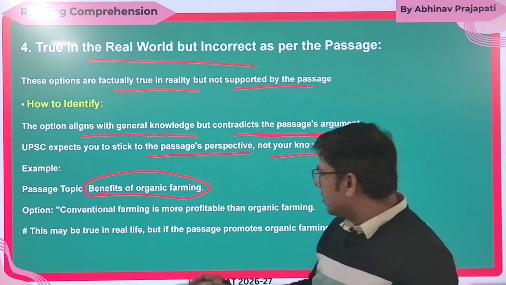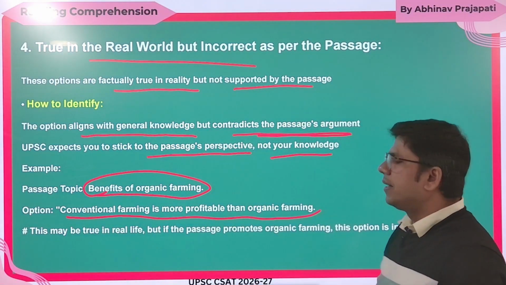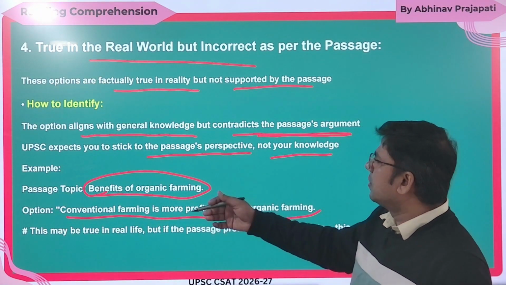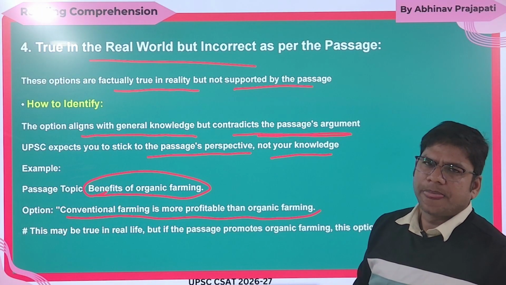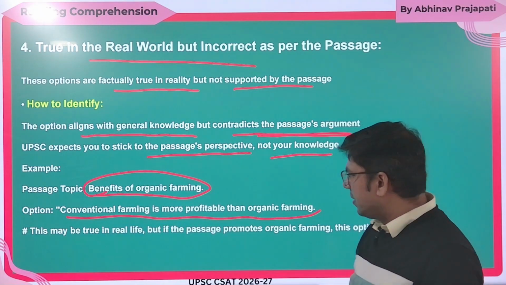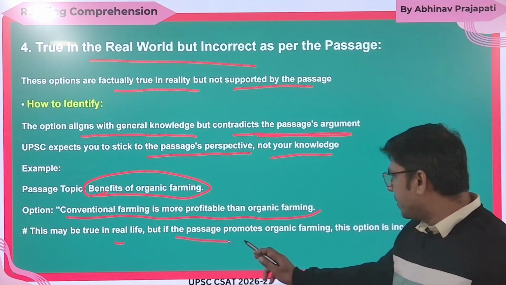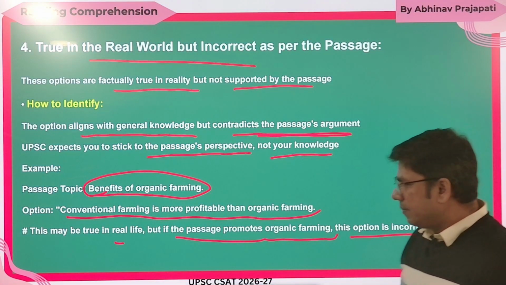But if you see the option, conventional farming is more profitable than organic farming, this may be true in the real world but is not aligned with the passage. These types of options should be eliminated. This may be true in the real world but the passage promotes organic farming, so this option is blatantly incorrect.